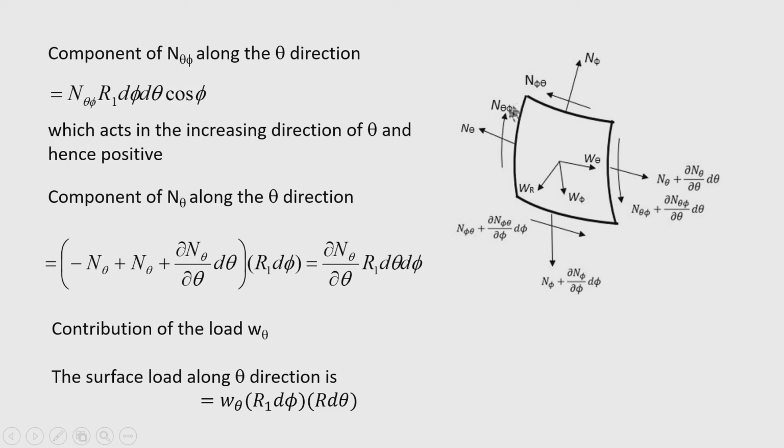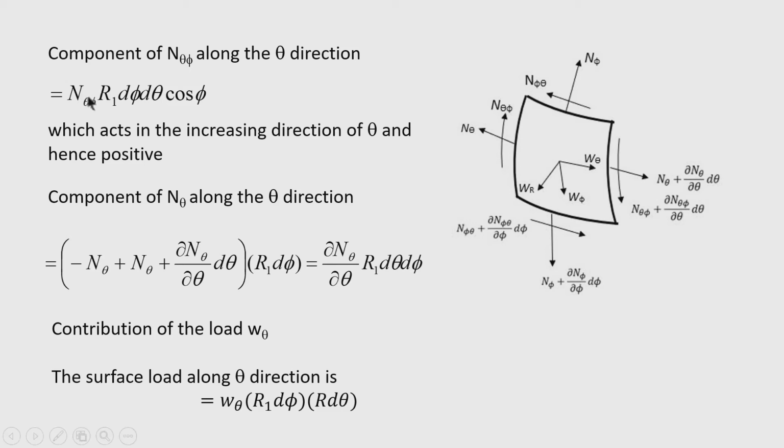So, the component of these two forces along the theta direction, that is in the circumferential direction, is found in a similar way to what we found in the earlier case, the component of n theta along the radial direction and the normal direction.